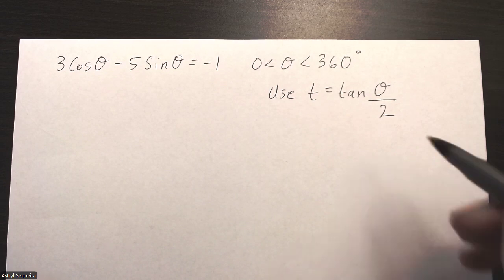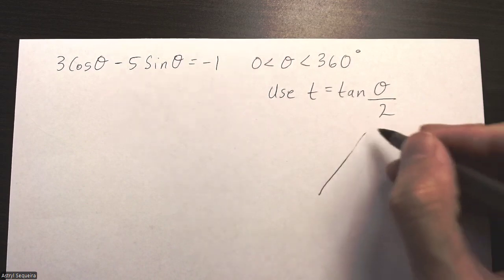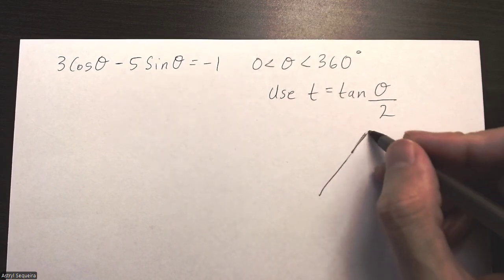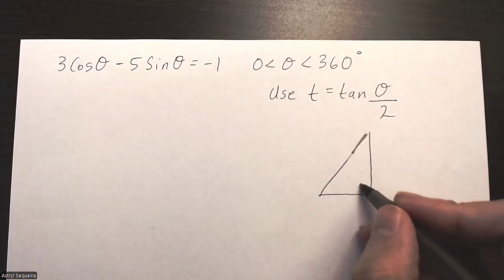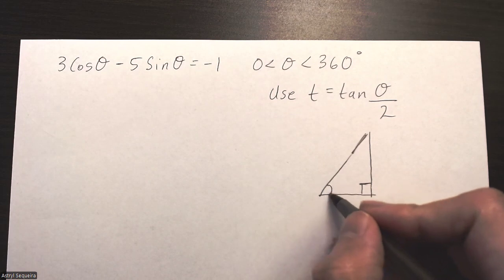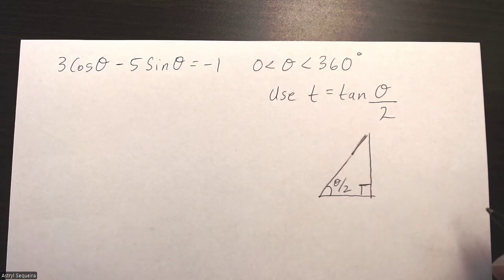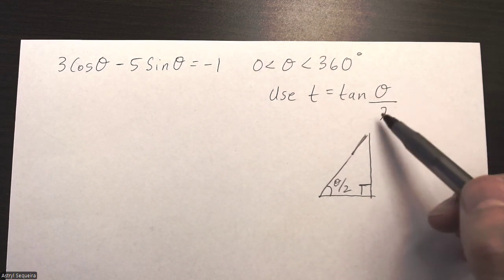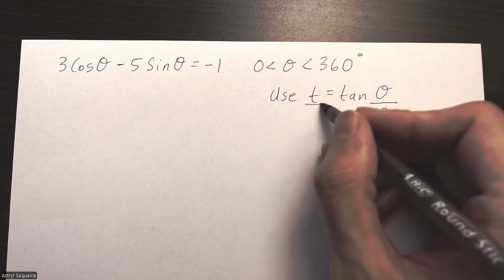So no trig identities to manipulate it around. What I'm going to do is just draw a right angle triangle. I'm going to make this angle theta over 2. So if this is theta over 2, tan is just opposite over adjacent.